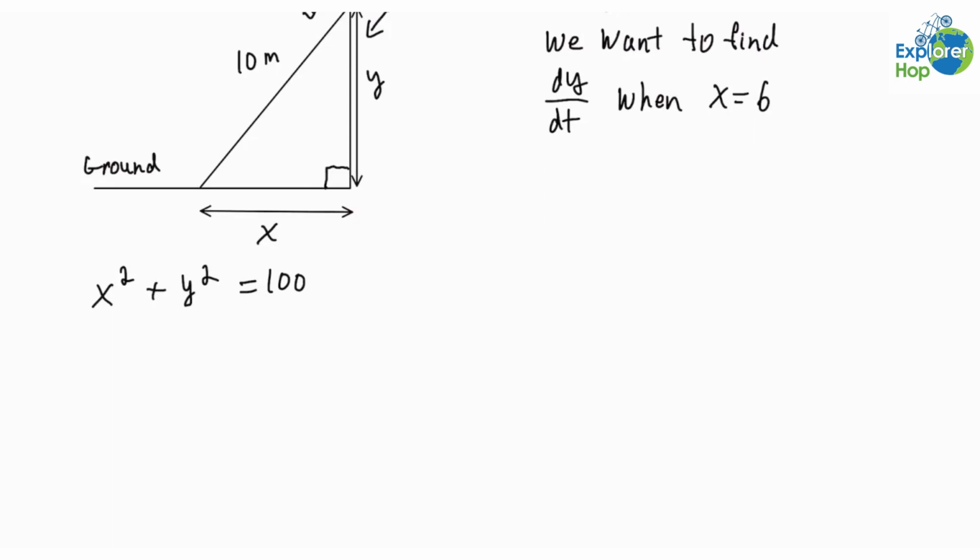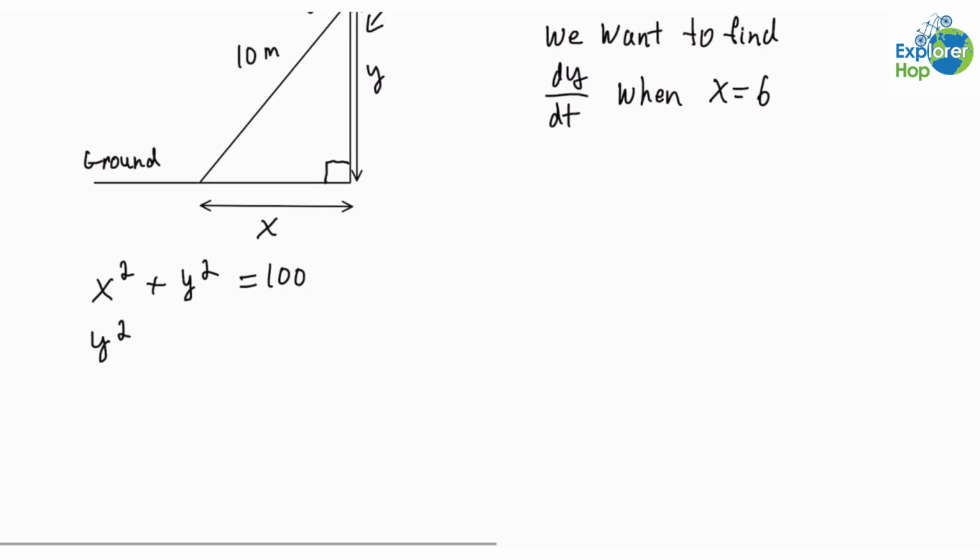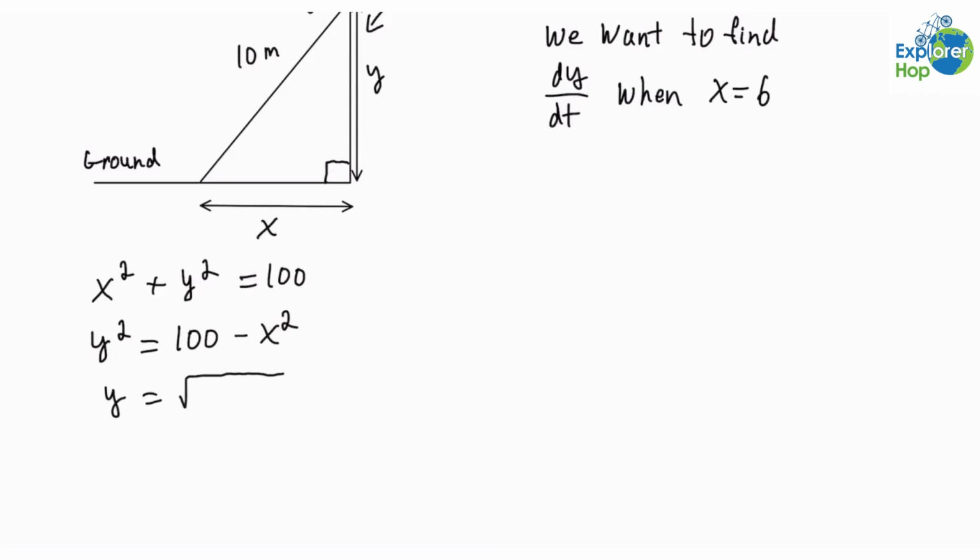Now, let's isolate for y. So y squared is equal to 100 minus x squared, which means that y is equal to the square root of 100 minus x squared. And we only consider the positive square root, since the length cannot be negative.